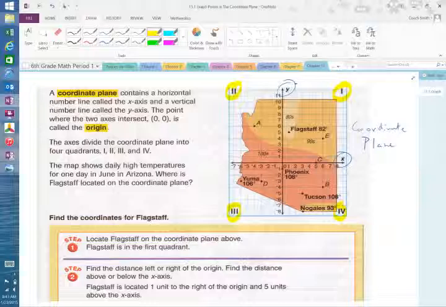the map they put there is a map of Arizona. What they're trying to get you to see is that on this map, each point has 2 coordinates. For example, let's look at point A. Point A hits where 2 grid lines come together.